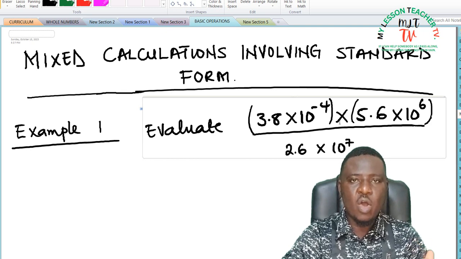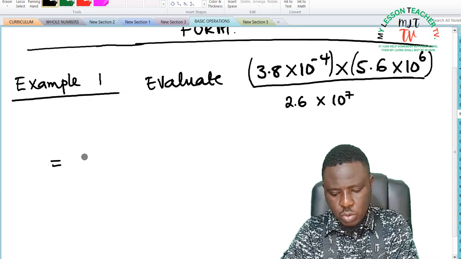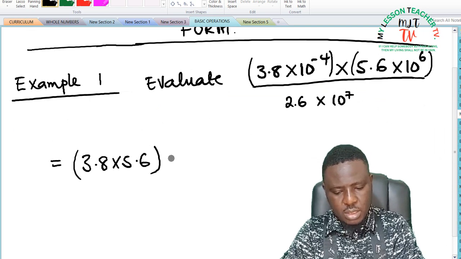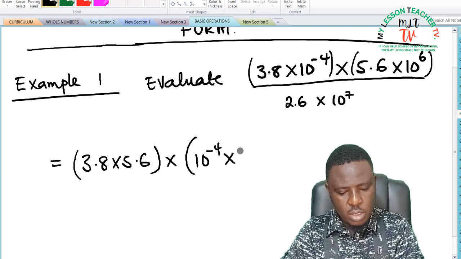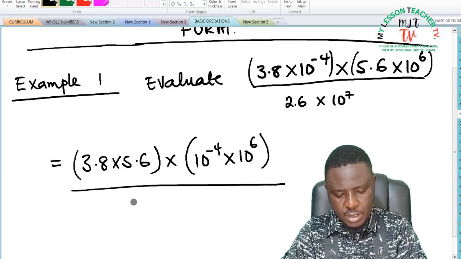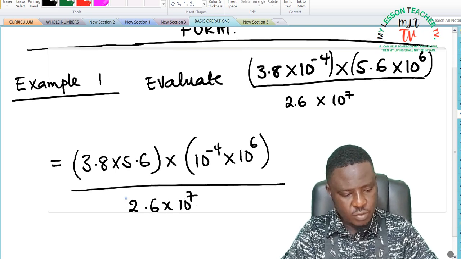So now is to apply all what we have learned at the previous classes. This is equal to 3.8 times 5.6 times 10 raised to the power of minus 4 times 10 raised to the power of 6, all divided by 2.6 times 10 raised to the power of 7.